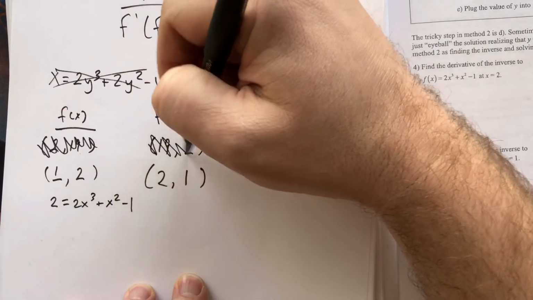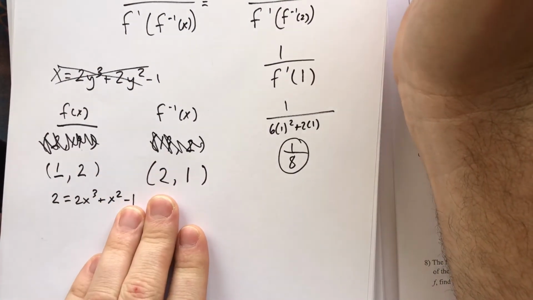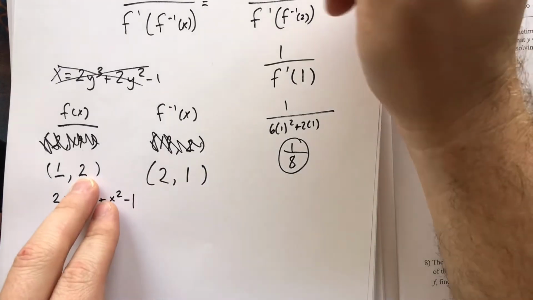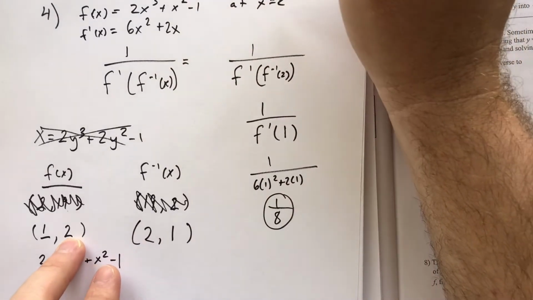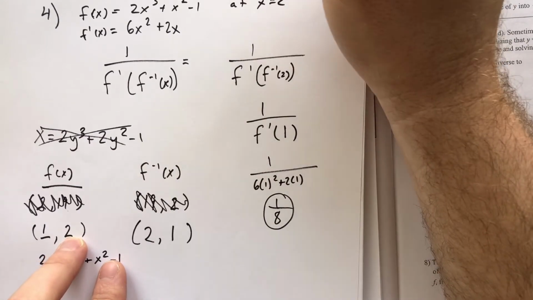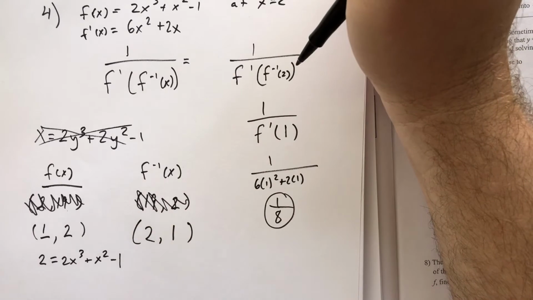This was for explanatory purposes. We did have to do this part, though. We knew that since we wanted 2, that was actually the y in our original. So we set y equal to 2 and found x, and then used that in the formula.